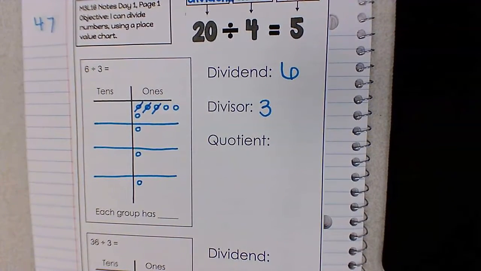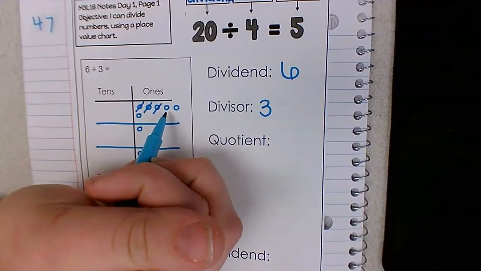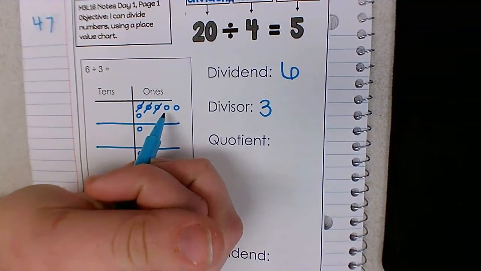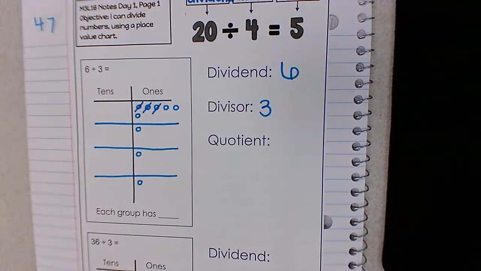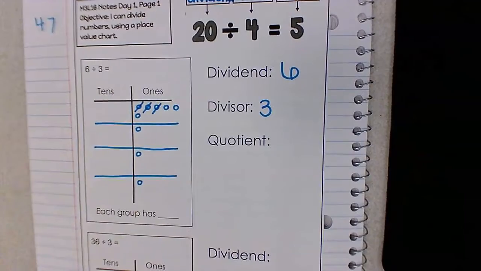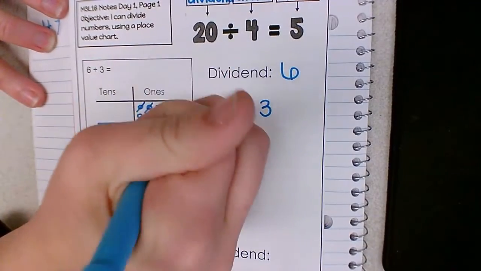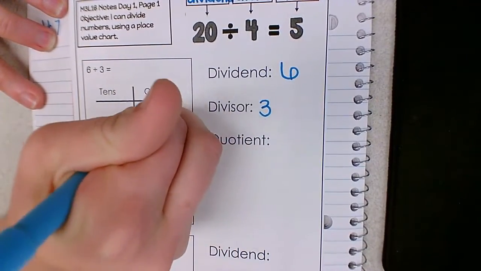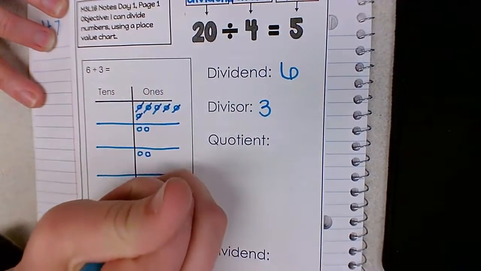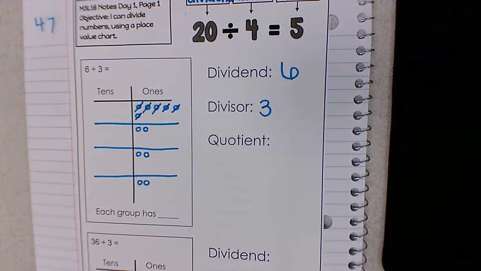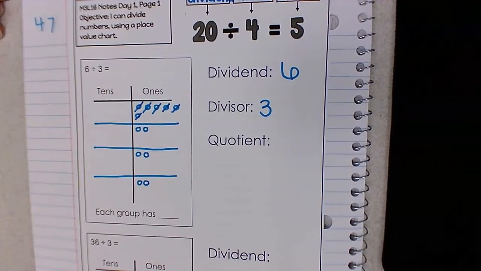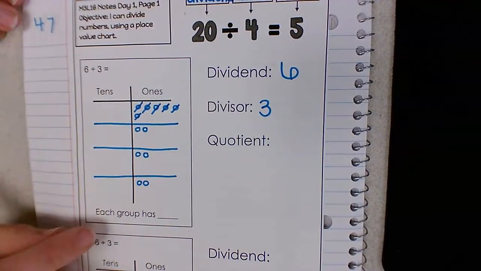Before I do it again, I'm going to check how many I have left, and I want to make sure that I have enough so that each group gets their own. I have 3 more, and I have 3 groups, so I can do it again. 1, 2, 3. 1, 2, 3. I have no more ones to pass out. So that means I've arrived at my quotient.